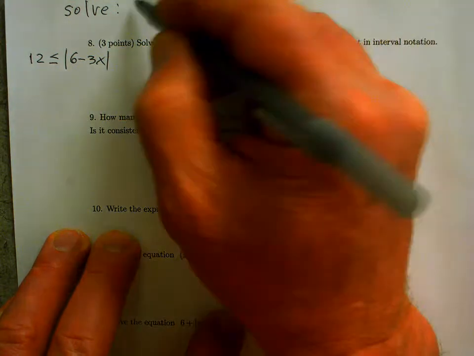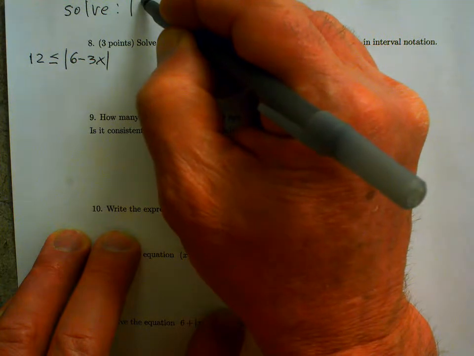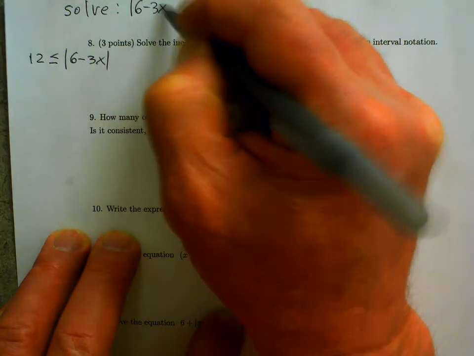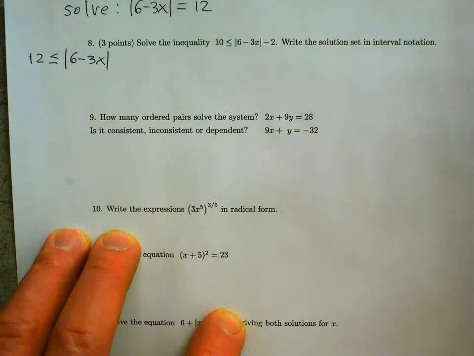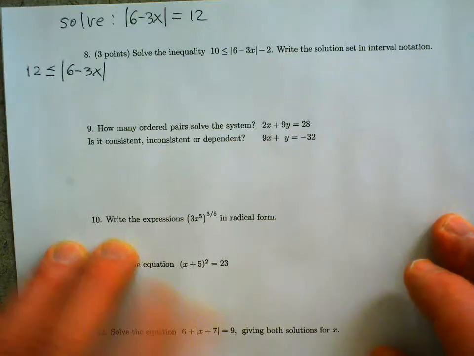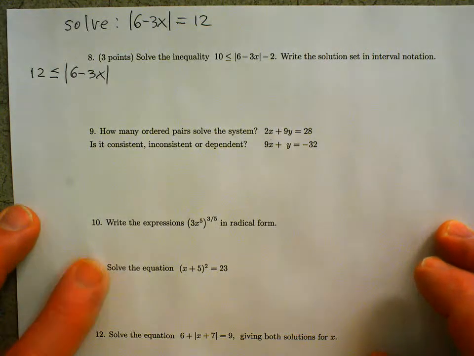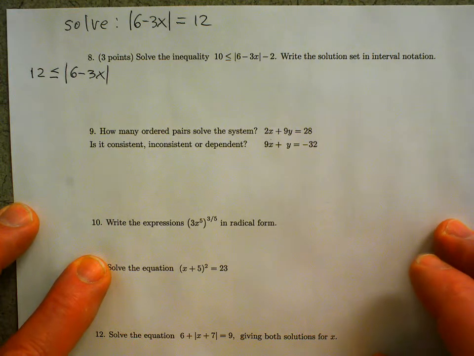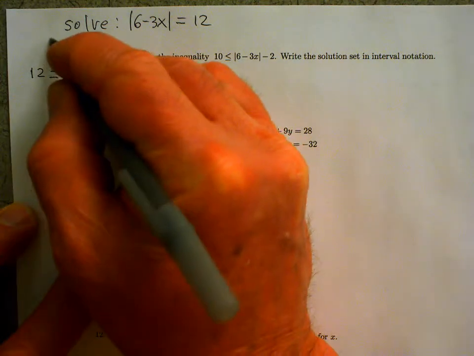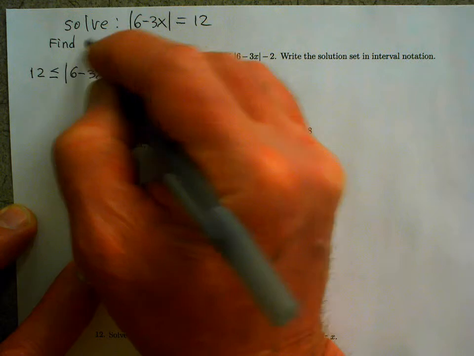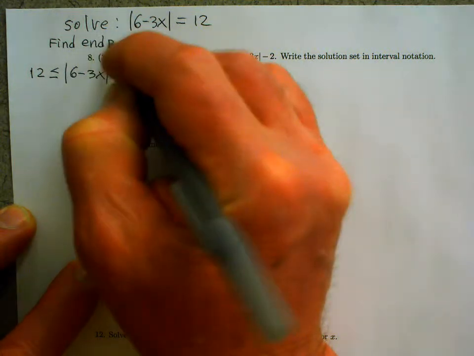So I'll just write this as the absolute value of 6 minus 3x equals 12. So I'll label what we're doing. We're finding the endpoints by solving this equation.